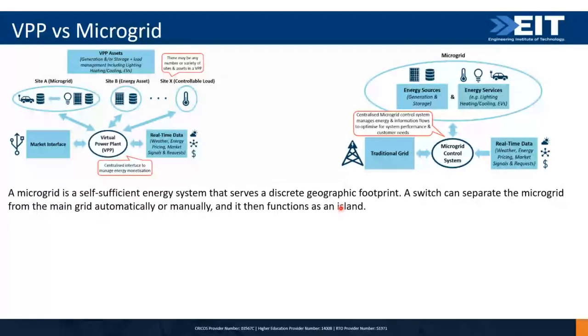A microgrid is connected to the national grid through smart switches. So when there is a fault in the grid, the microgrid can be disconnected from the grid, and then it can work for a long time, maybe for a few days. But as you know, VPP cannot work without the grid.